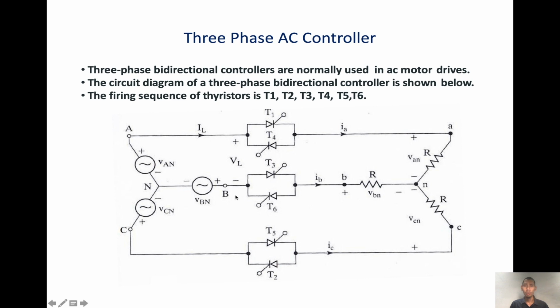In the example circuit, the three-phase supply is connected to a balanced resistive load. The firing sequence of the thyristors is T1, T2, T3, T4, T5 and T6. At any time, there can be 3 thyristors on, 2 thyristors on, or no thyristor on at all.